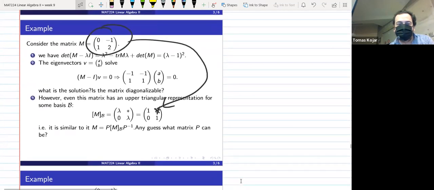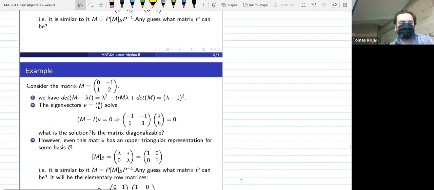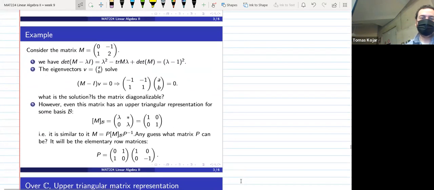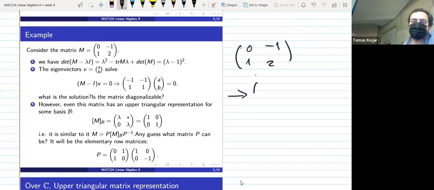Right, so let's see. You use the elementary row operations. Let's look at it. Remember, whenever you want to do elementary row operations, so let's say you have this and you want to switch rows.